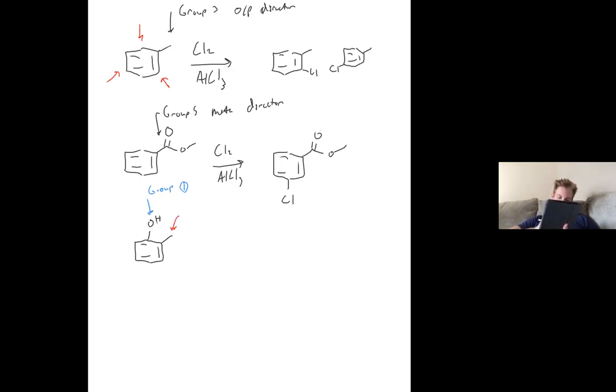We have a CH3 here, this is a group 3. So 1's going to trump 3, the smaller number is going to be better. This is going to be our higher priority group. So we're going to add ortho-para to this group 1 here.